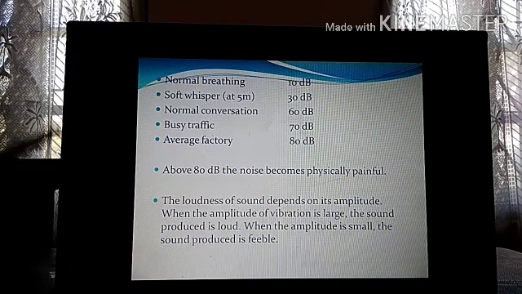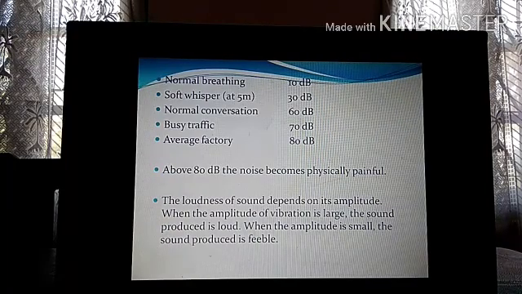So the loudness of sound depends on its amplitude. When the amplitude is large, sound is loud. That means when the object is vibrating more. So when the object is vibrating more, amplitude will be more, isn't it? When there is more vibration, there is more amplitude. Basically, when the distance from the mean position is more, then amplitude will be more.